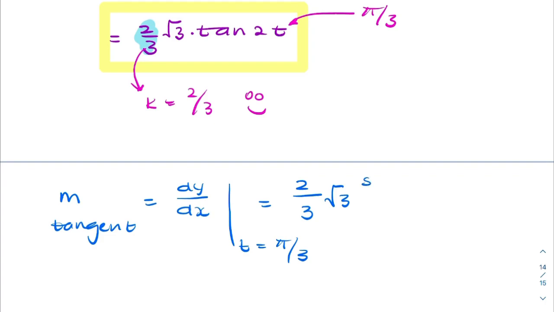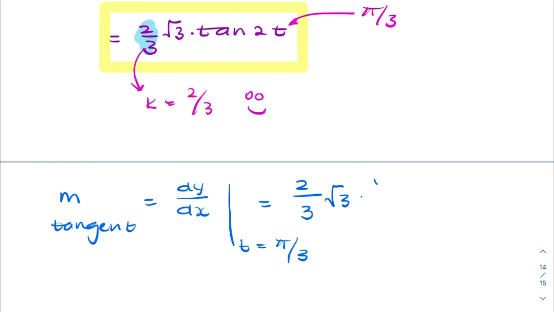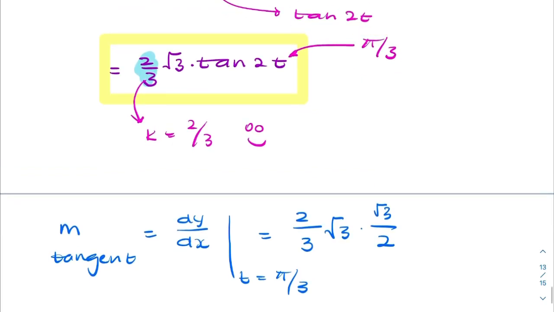So sine of 2 pi over 3 is root 3 over 2, and cosine is half. When you divide by half, you're multiplying by 2.